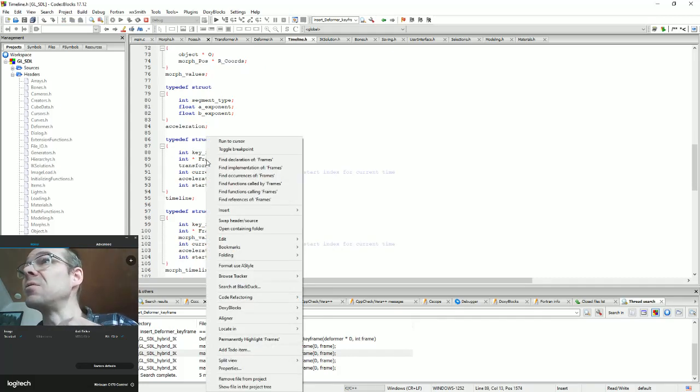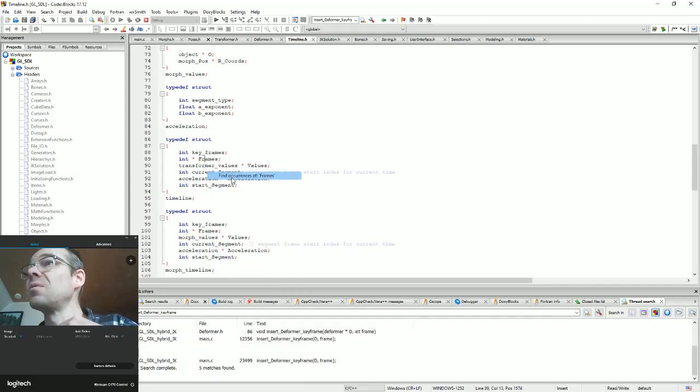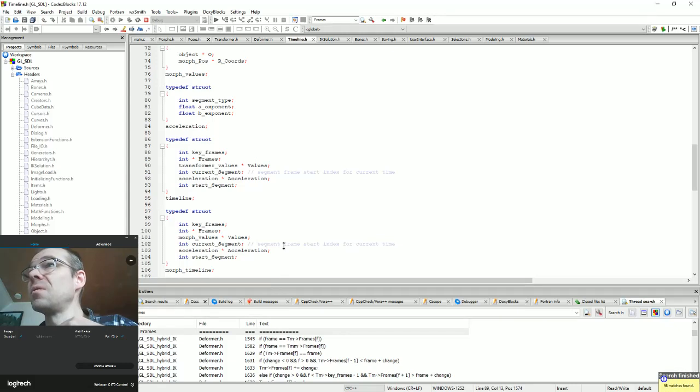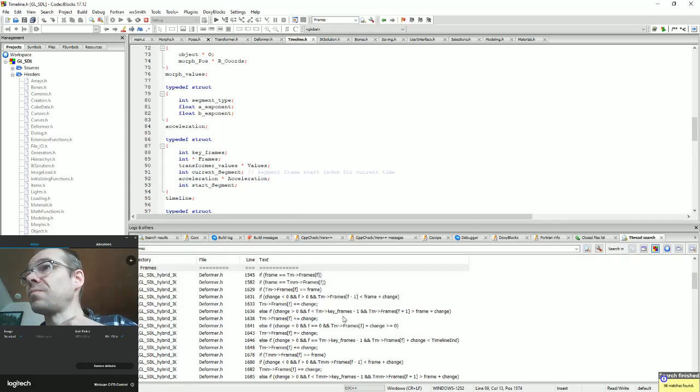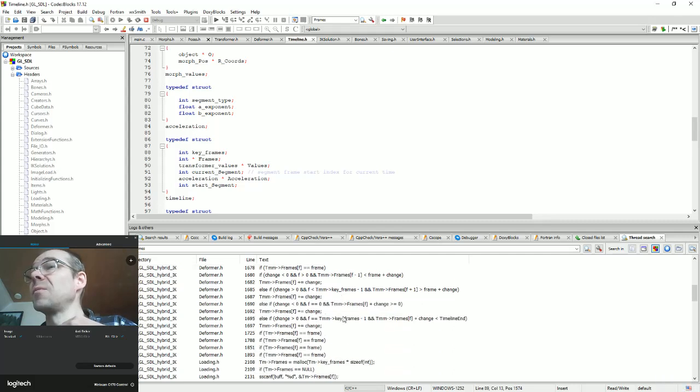Maybe search. Frames are integer values, and keyframes are the amount of the frames. That's what I see of it.